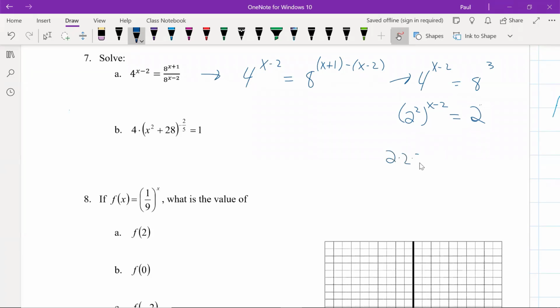This is 8, right? Oh, yeah, I'm sorry. It is 2 to the 9. You're right. I was just asking how to write 8 as a power of 2, and you were raising that to the 3rd power. So you're right. All right. So on this side, you get 2 to the 2x minus 4, is what you said. And here you said 2 to the 9. So you just went all the way to there, which is great. And then since 2 to the x is a 1-to-1 function, if the outputs are the same, the inputs have to be the same, right? So just solve that, Thomas. What's the solution to that?